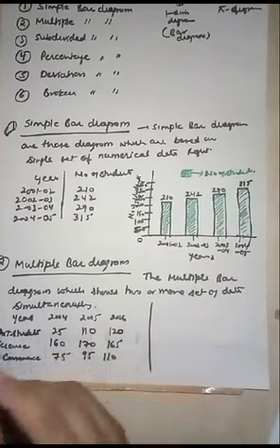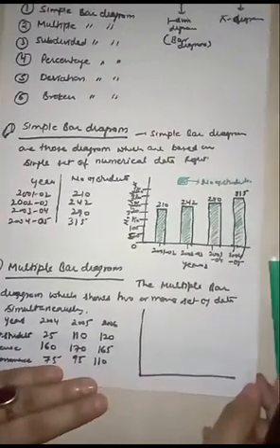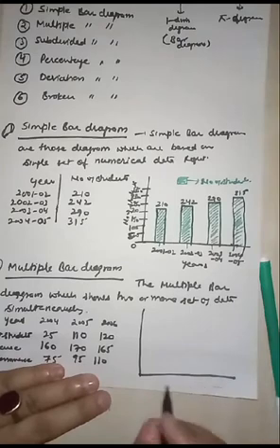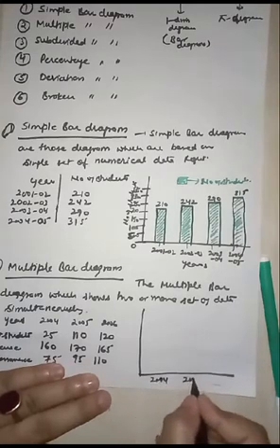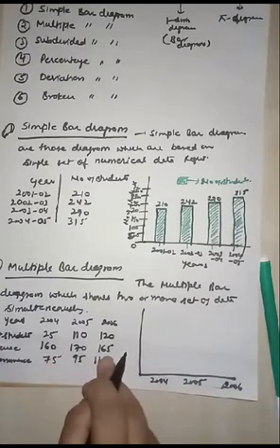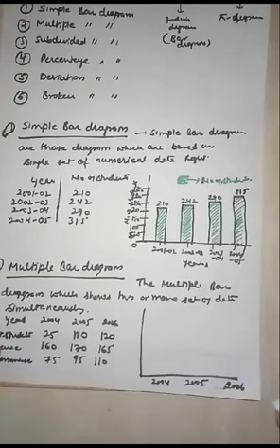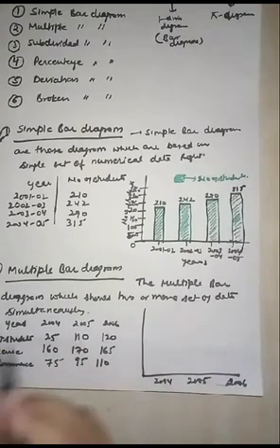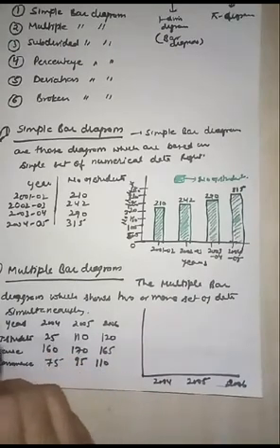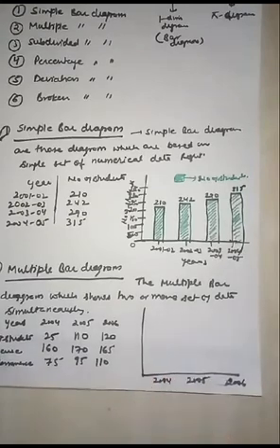Now make the multiple bar diagram. For making the multiple bar diagram, I will take the years 2004, 2005 and 2006, right? So friends, when you make the multiple bar diagram, you see in 2004 there are three data: first is arts students, second is science students and third is commerce students. So I will make 3 bars in 2004.